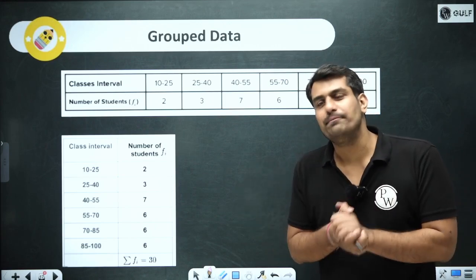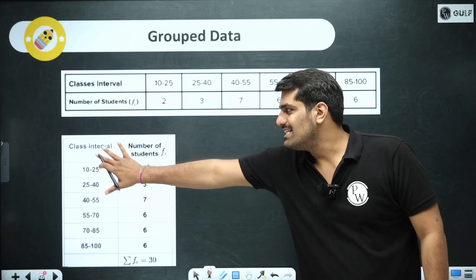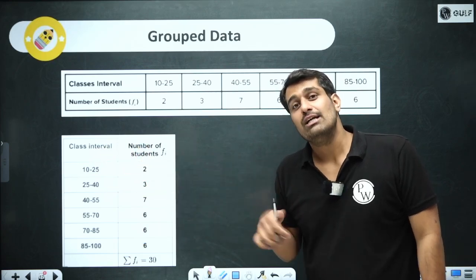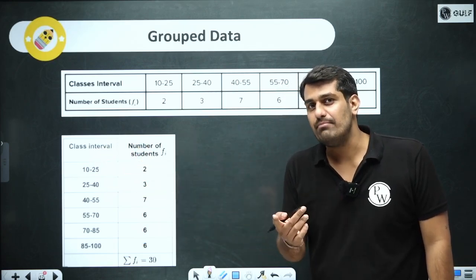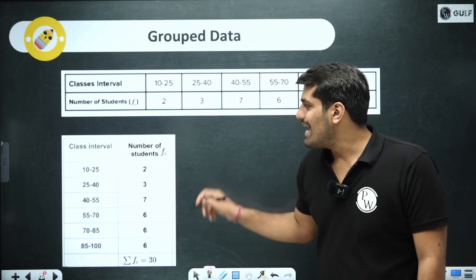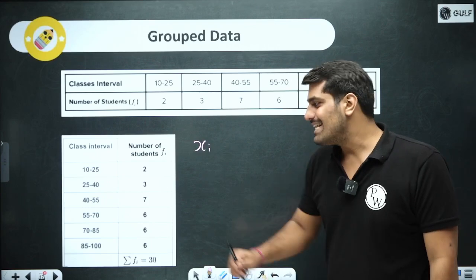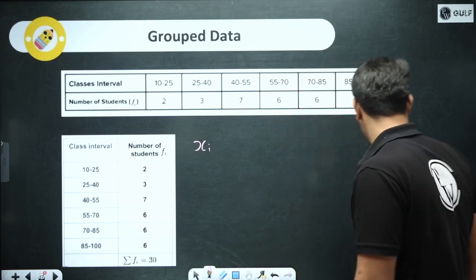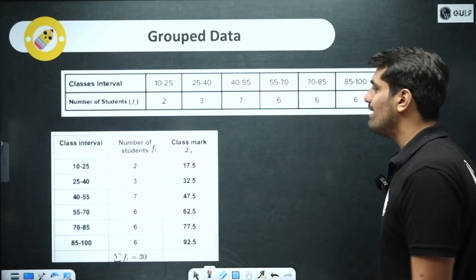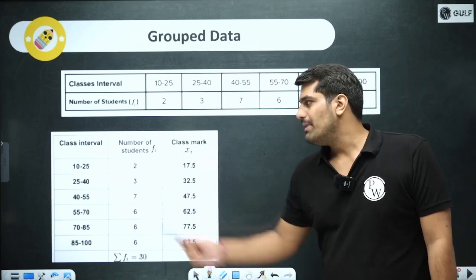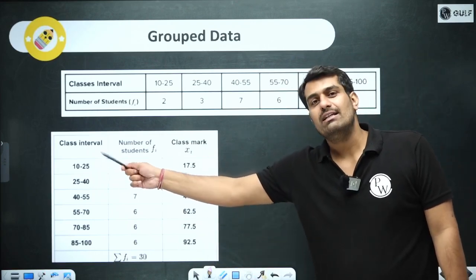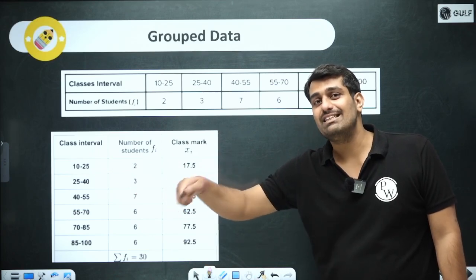How will we make the correction? So the class interval is given, the frequency is given. So the next thing we do every time, as in the direct formula, is to write down the Xi value, which is our class mark. In this case also we are going to write out our class marks. So midpoint of 10, 25, the difference is what? 15, so 15 half is 7.5.